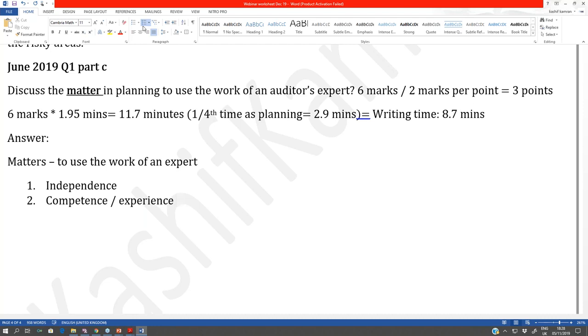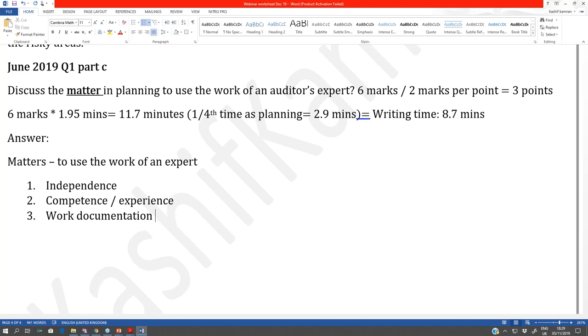Have you ever worked on biological assets before? So competence and experience, and then I will be looking at the work documentation and the work documented by an expert. Is it an adequate amount of work the expert has performed, and can I rely on his work?